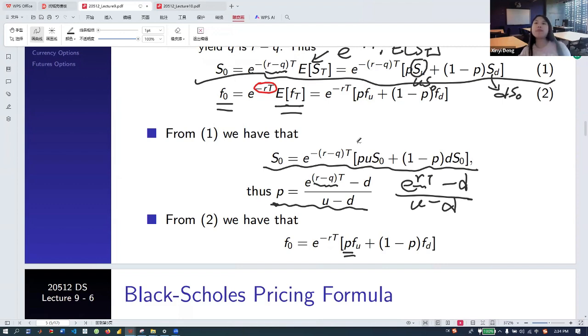Therefore, we use p times Fu, plus 1 minus p times Fd. That's the expected value of the derivative contract at the maturity date. Then you discount that expected value back to time 0 by multiplying by e to the power of minus RT.